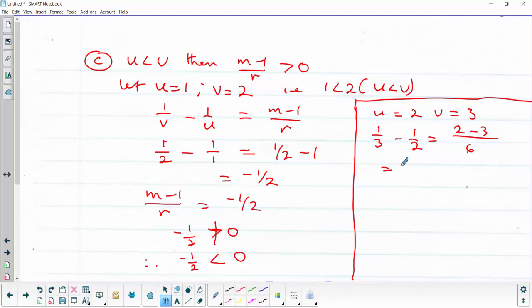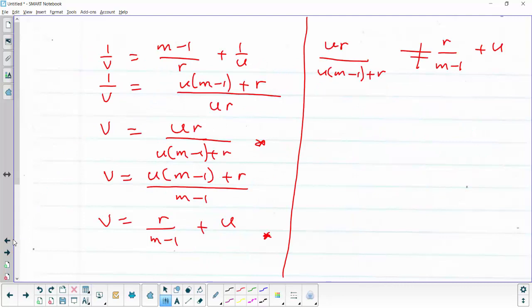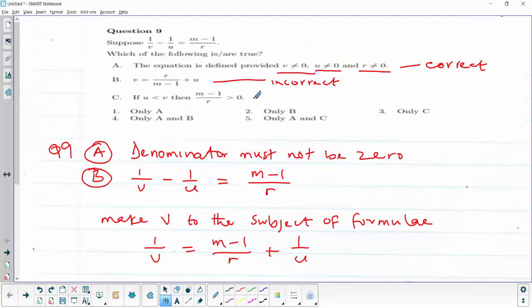So automatically it's going to be minus 1 over 6. Let us check if it's good. No, this one is not greater than 0. Rather, minus 1 over 6 is less than 0. So you can see this one doesn't satisfy the condition given in the question. So let us go back to the question. This is also an incorrect statement. So automatically we only have A as a correct statement.